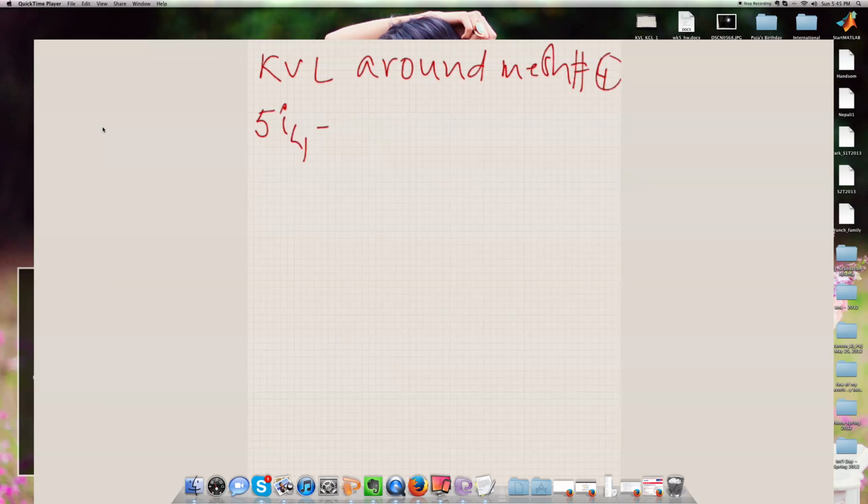So let's see. If we look at mesh number 4, we have KVL around mesh 4. Which is the voltage across the 5 ohm is 5 times I4 plus the voltage across the 2 ohm has a competition using house rule.